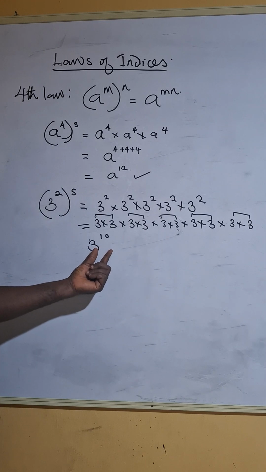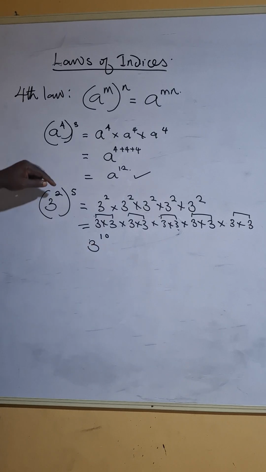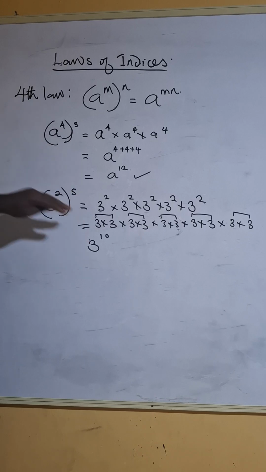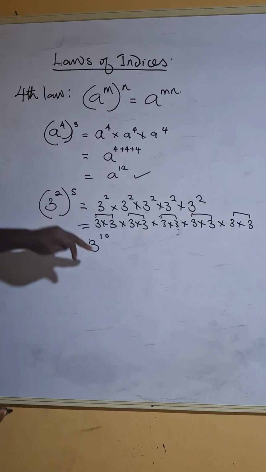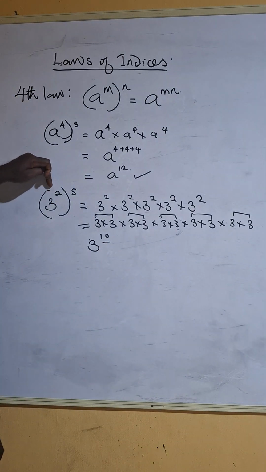Look at the final index, 10. And look at the index you have inside and the index that you have outside. You will discover that this one is resulting in the product of the inner index and the outer index.